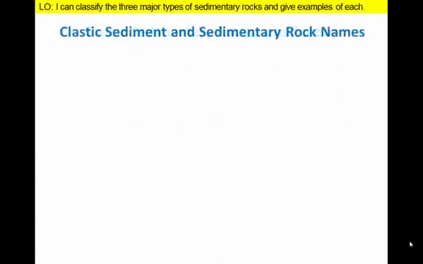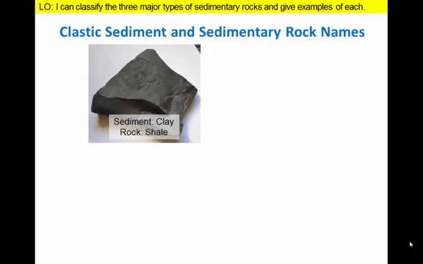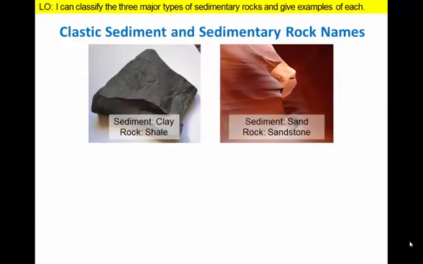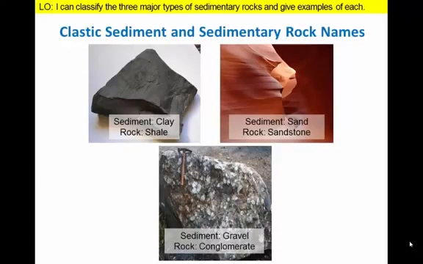Each size of clastic sediment produces a different type of clastic sedimentary rock. Sometimes the link between sediment and rock is obvious, such as the lithification of sand to form sandstone. Other times, the names of the sediment and the resulting sedimentary rock are quite different. For example, conglomerate forms from rounded gravels, and clay-sized particles are consolidated to form shale.